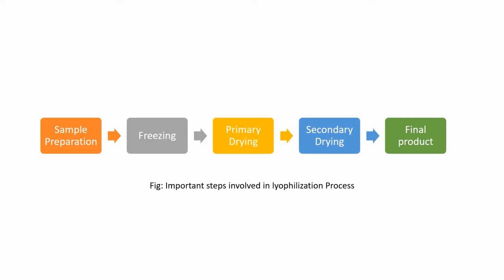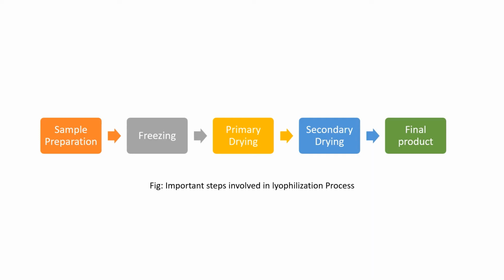Suppose you are going to formulate a biological product or any antibiotic as a lyophilized product. We need to study thoroughly all the physicochemical properties of that particular API and all excipients prior to the freezing stage. The selection of an excipient for the formulation can affect the thermal characteristics of the product and the drying time.